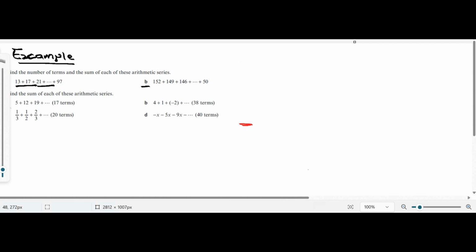Okay, second question, here I'm doing only question 2a. I'm to find the sum of the first 17 terms of this series, 5 plus 12 plus 19. My first term is 5, my second term is 12, my third term is 19, and my n is 17.